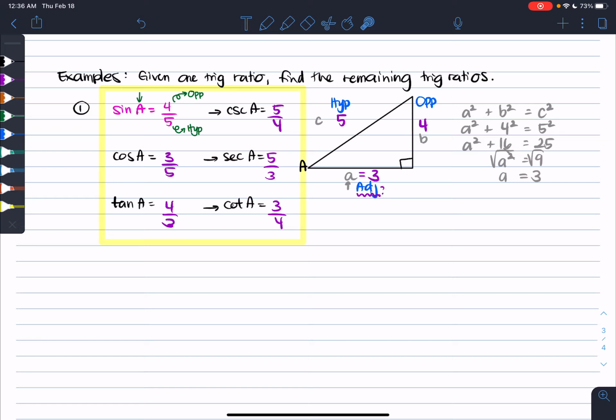We must figure out that third side in order to get the remaining ratios. So we used Pythagorean theorem to solve for that third side. Once we did that, we used SOHCAHTOA to get cosine and tangent. And we used the reciprocals to get the remaining 3 ratios.